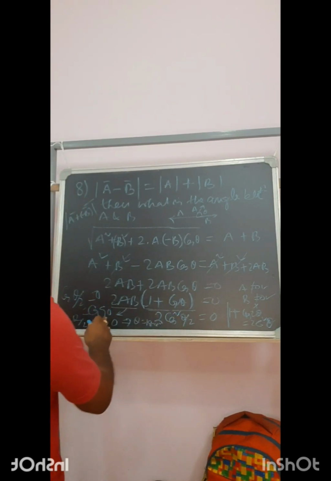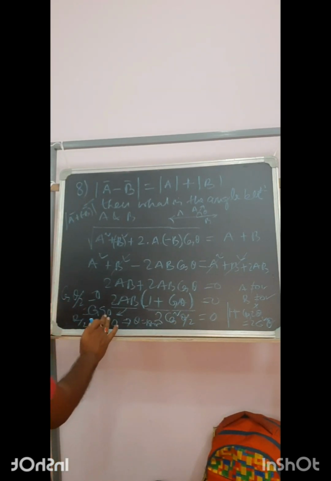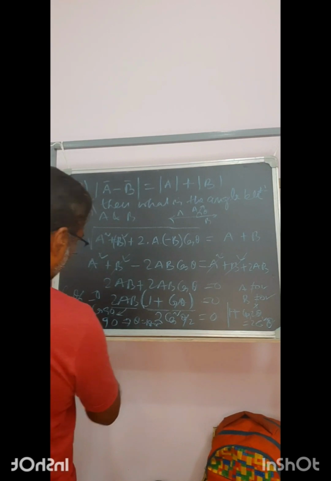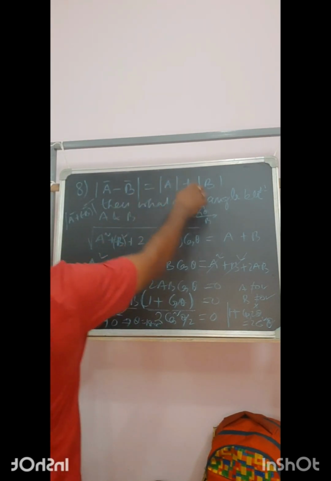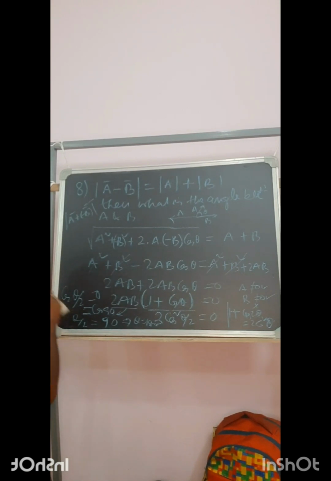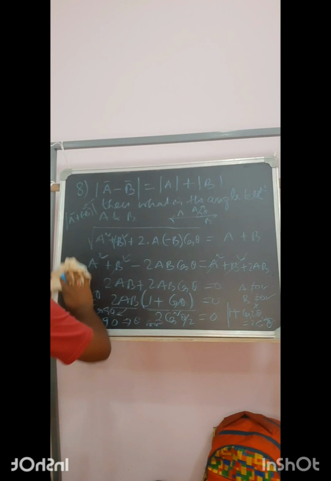So cos theta by 2 is equal to 0, which means cos 90. So theta by 2 is 90, so theta is equal to 2 into 90, that is equal to 180. For 180 degree, this will be the condition. The angle between them will be 180.